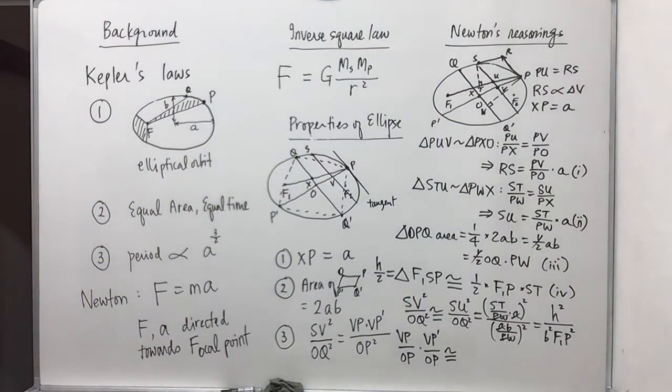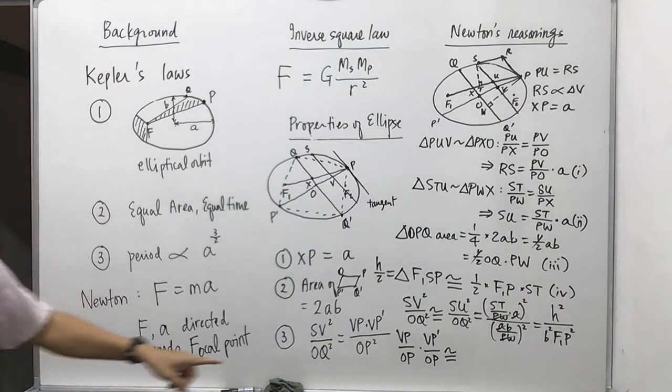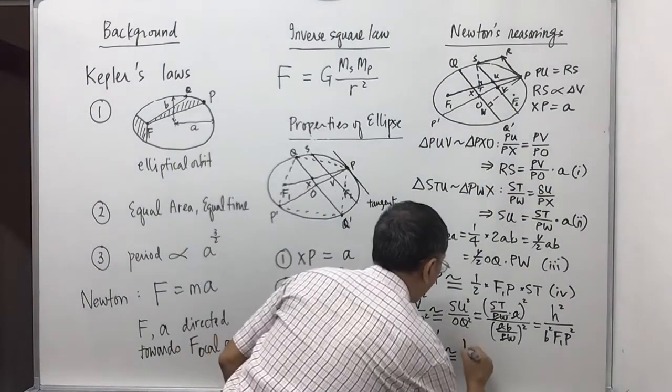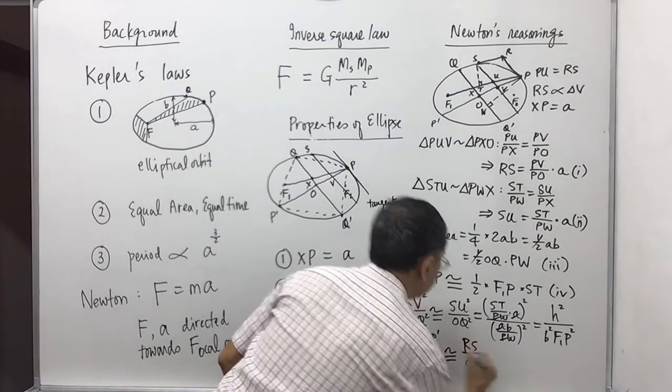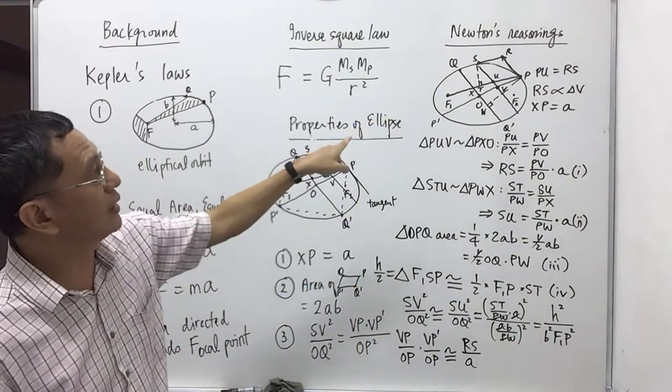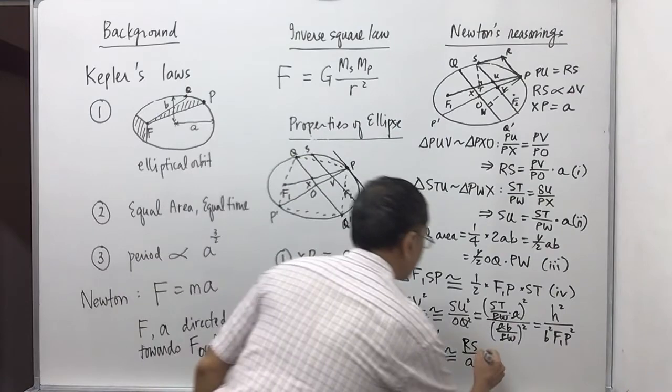Again, you may not accept it on first sight, but think about the motion, S very close to P. You will see it. So VP over OP is RS over A. VP prime over OP, as we say asymptotically, is twice of OP. So I can write it as times 2.